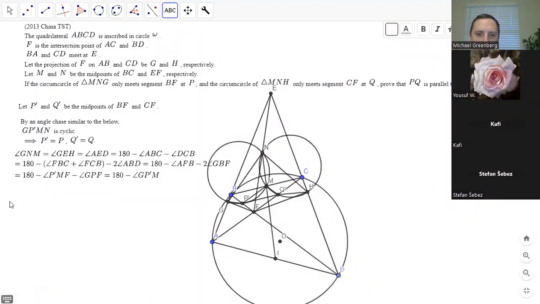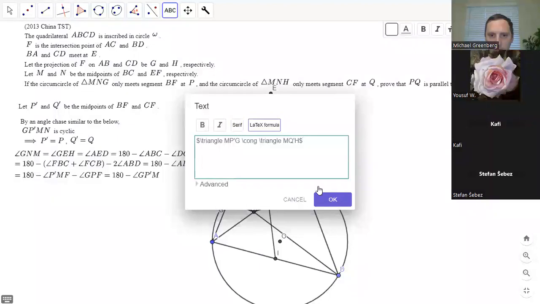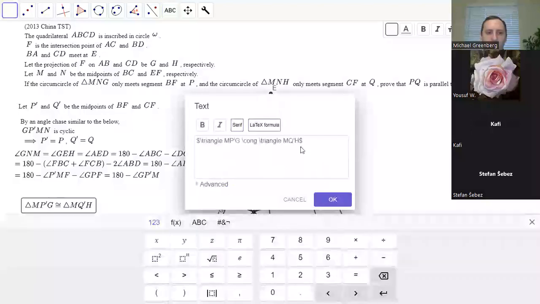MP prime G and MQ prime H. By side angle side congruence.